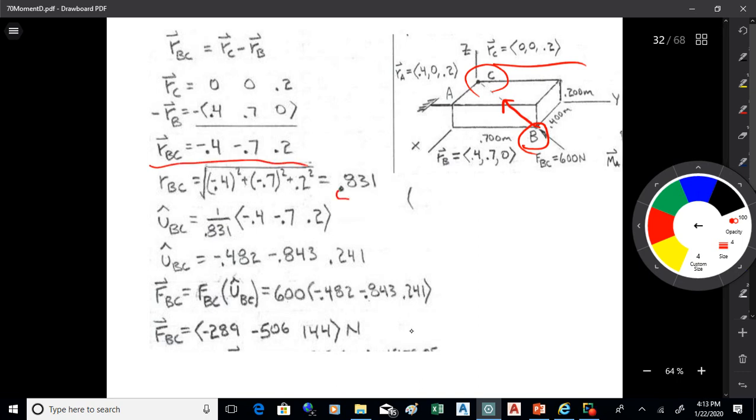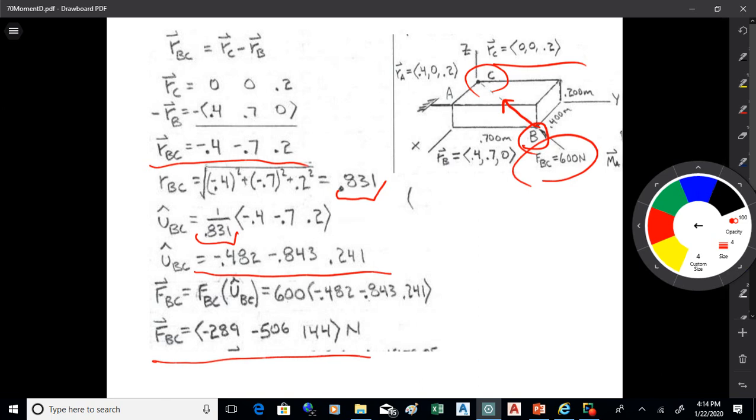I take the square root of the sum of the squares, and I get the magnitude, which is the length of the line. I divide through by the magnitude, and I get a unit vector. And then I scale the unit vector up by the force magnitude, 600, and that gets me the force that goes from B to C. So step, step, step, just walk through that. We've done that a few times. That's a pretty standard thing to do in 3D. So we good with that? Doing all right? All right, that's over there on the left-hand side.